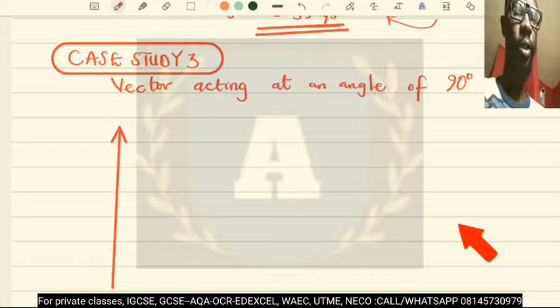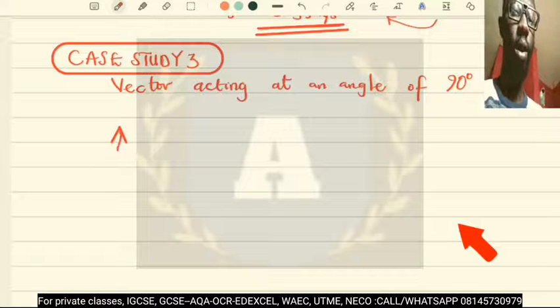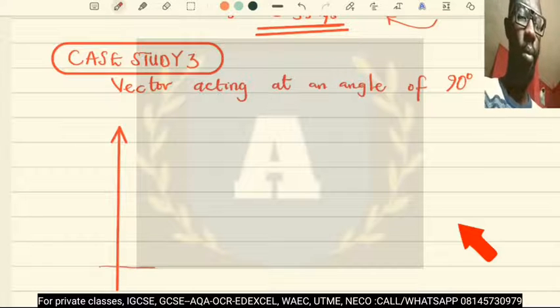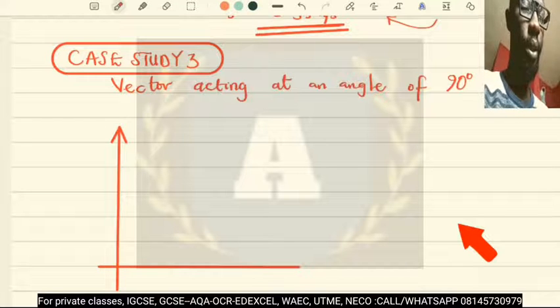Don't mind my drawing, it may not be as straight as it should be, but I am going to try to make it very regular.